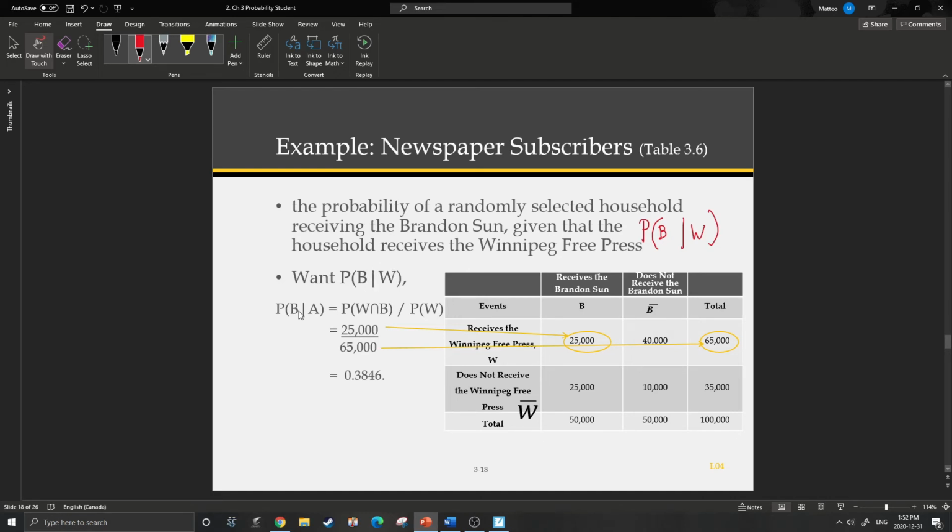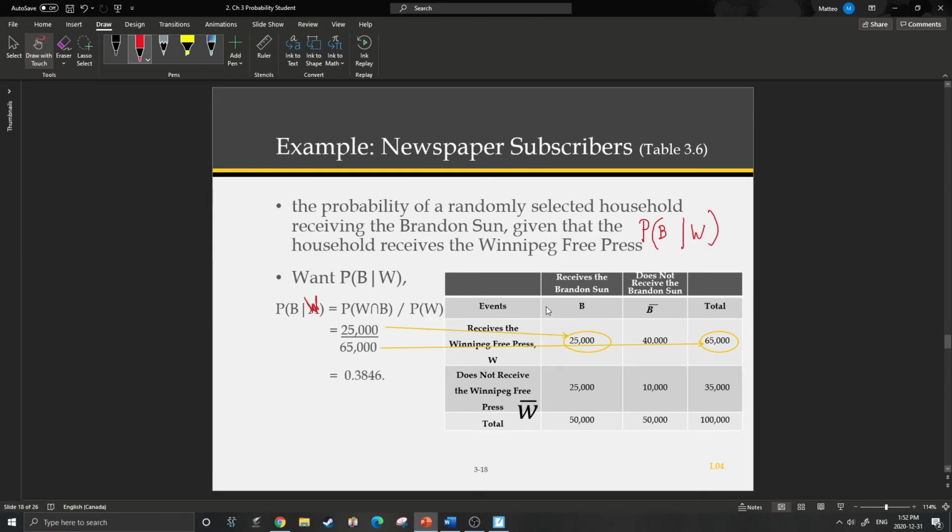Well, the formula, I suppose this should be a W. Okay, the formula is that we look for the union of Winnipeg Free Press and Brandon Sun. So what's the probability that they get the Winnipeg Free Press and the Brandon Sun divided by the probability that they receive the Winnipeg Free Press?